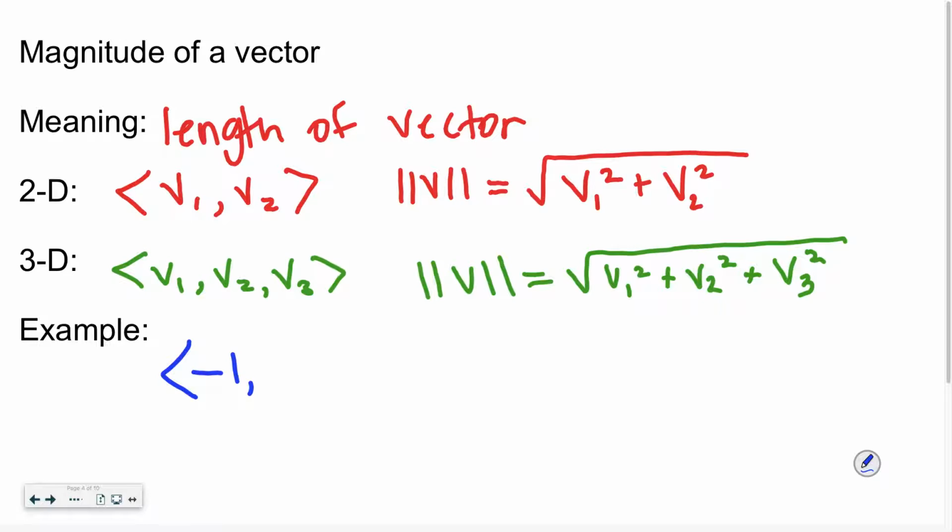So we're going to find the magnitude of -1, 2, 2. If you'd like to start working ahead of me, that is fine. But we are going to find the magnitude of -1, 2, 2.